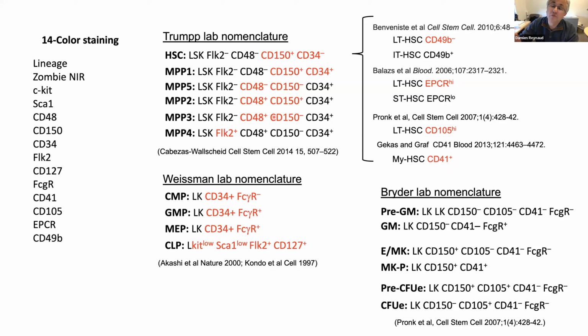So this is for the upper part of the hematopoietic system. In the lower part, this staining allows us to have access to the lineage-committed progenitors defined by the Weissman laboratory, so CLP, CMP, GMP, MEP, and also the nomenclature defined by the Bryder lab, with a deciphering of these different compartments, at least into two compartments.